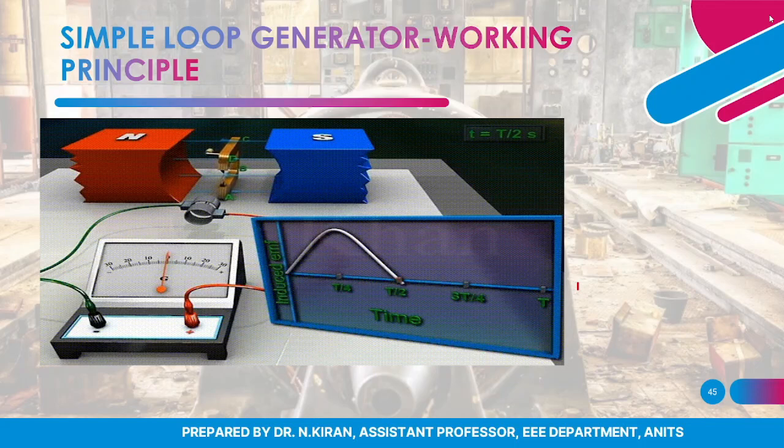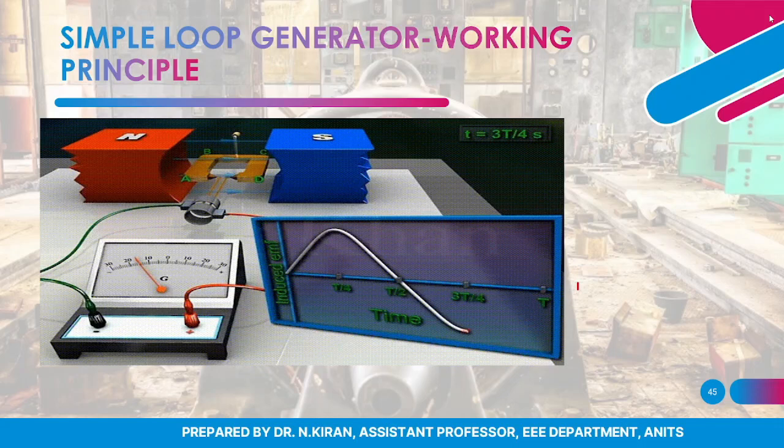Again, if I rotate further, since my current is reversing, my EMF magnitude will also reverse, and at 3T/4 my magnitude becomes negative maximum.